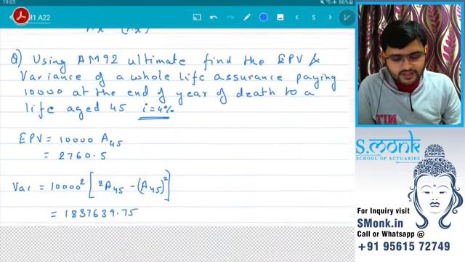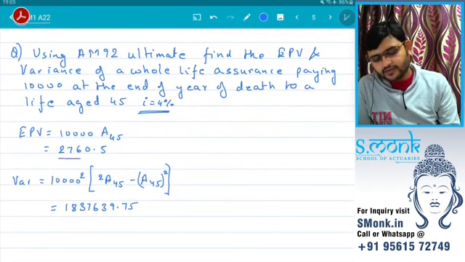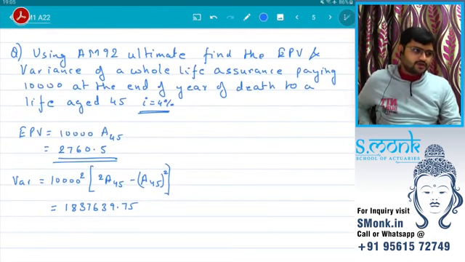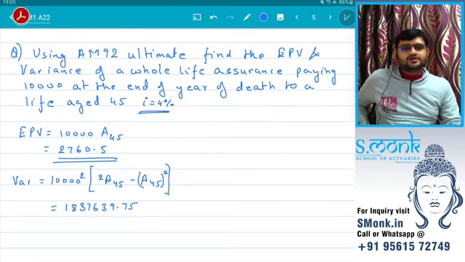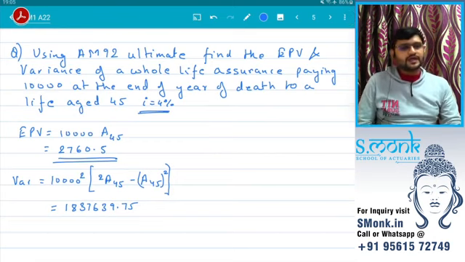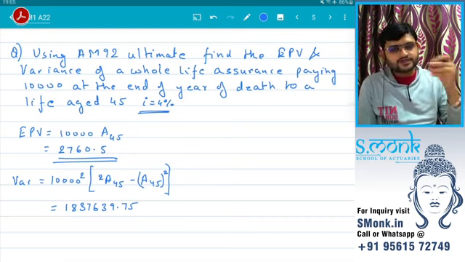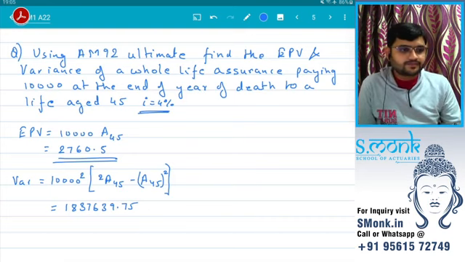Now variance in physical terms, see, expected value. What is this? This is the cost per person the company would be bearing. Okay, in terms of present value, that means in terms of today.